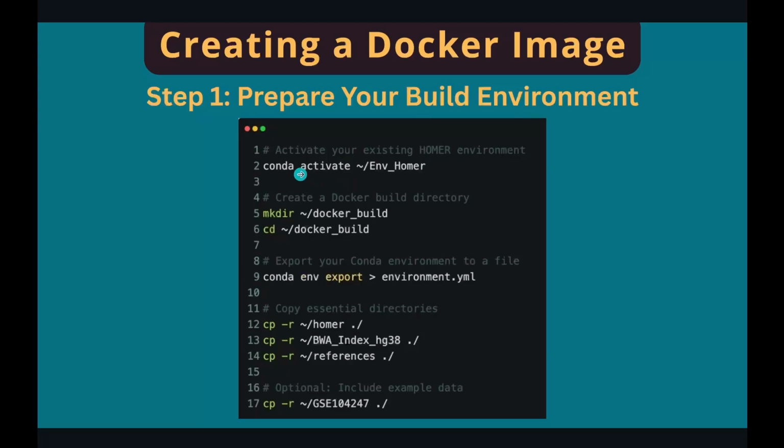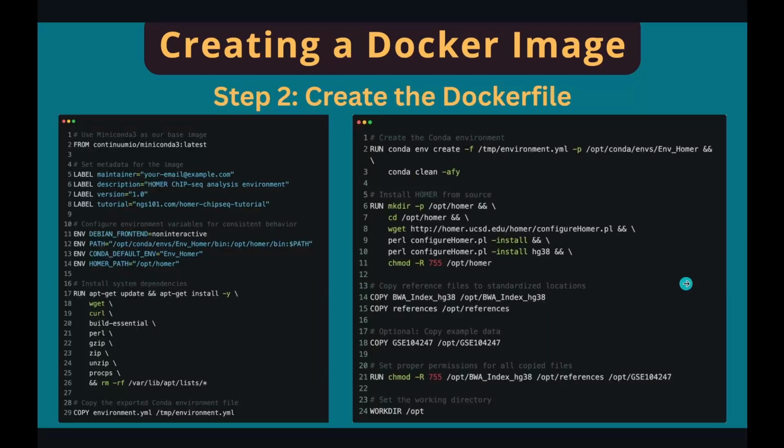First step, activate the Homer environment. Create a Docker build directory. This is the directory we're going to use for the image building. Create a YAML file for the Conda environment. Copy everything you want to pack into the Docker image. You can also include your dataset if you want. Next, create a Dockerfile in the same directory.